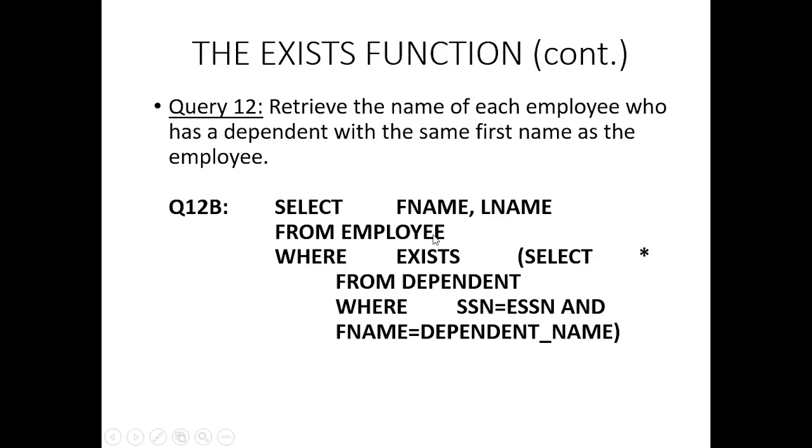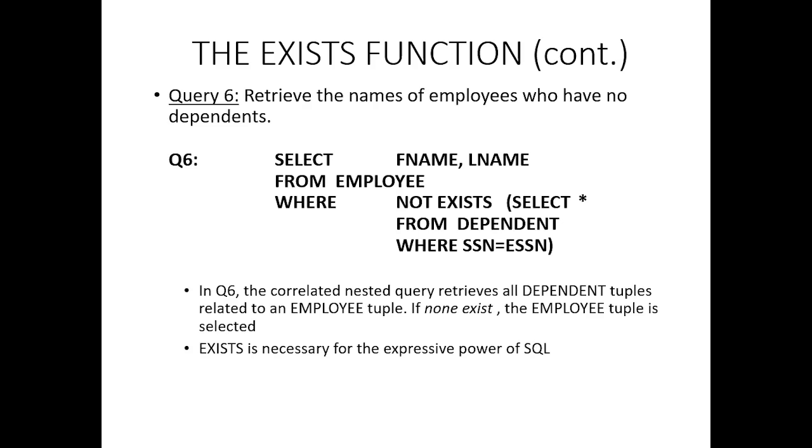So select F name, L name from employee where EXISTS, select star from dependent where SSN equal to ESSN and F name equal to dependent underscore name. Okay, if this is not null, then it will return F name and L name. Okay. So if it is null, then this employee relation will not be returned.